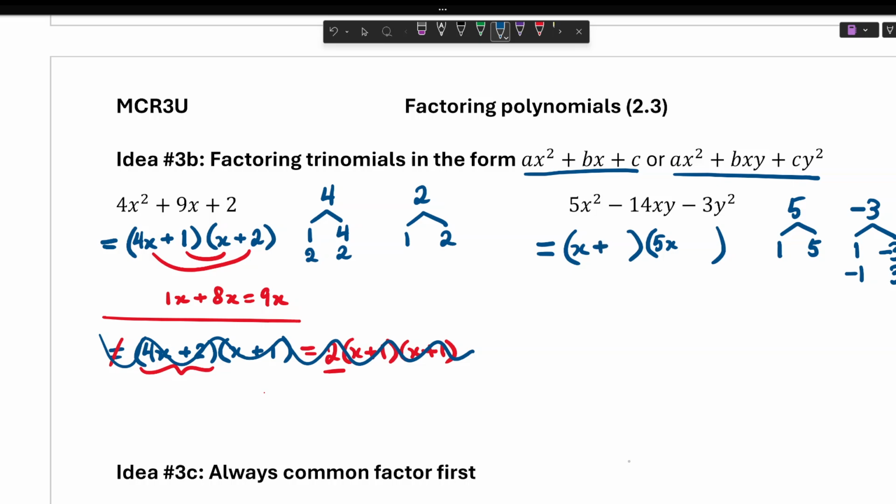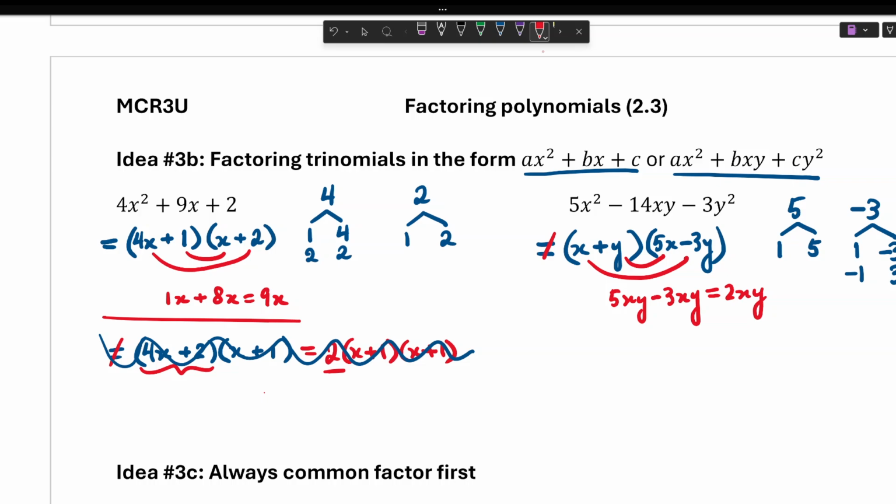So plus y and minus 3y. So when you look at these products, you get 5xy minus 3xy, which is 2xy. You can see quite clearly that's not what you wanted. Okay, so it's not this one.